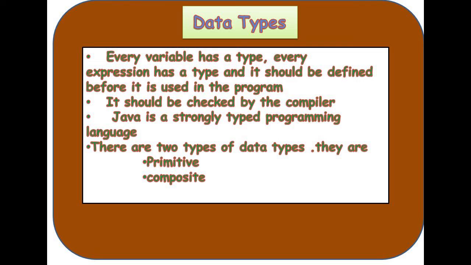So in the compile time itself, it will tell whether the data type is correctly used or not. If you have not used the data type correctly, it will give the compiler error. If there is any error in data type, that will be given in the compile time itself. That is called the compiler error.